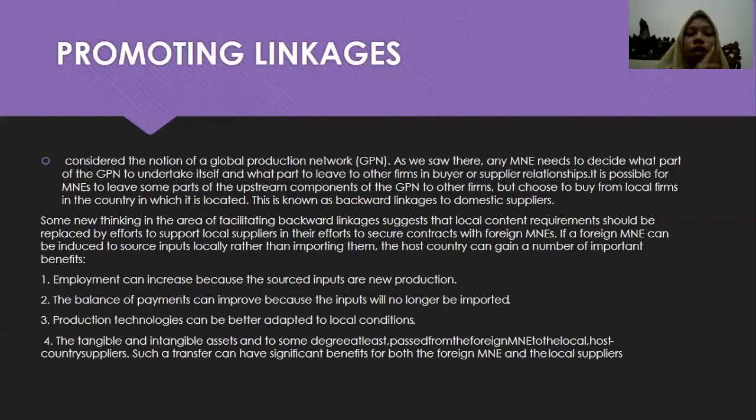And the last is the tangible and intangible assets. Links and paths from the foreign MNE to the local host country suppliers, such as technology transfer, can have significant benefit for both the foreign MNE and the local suppliers.